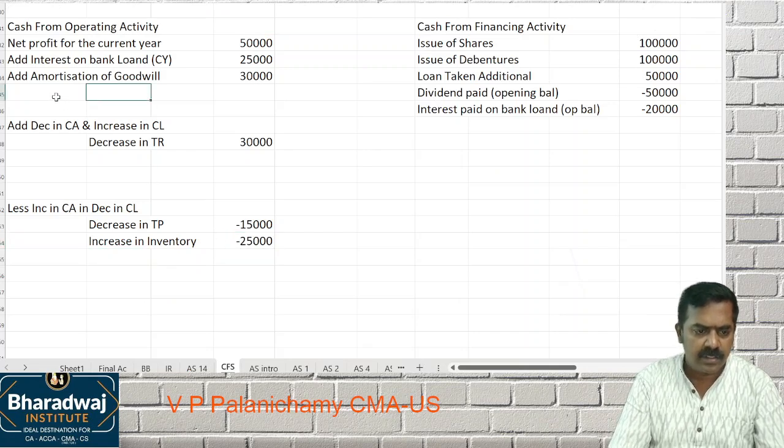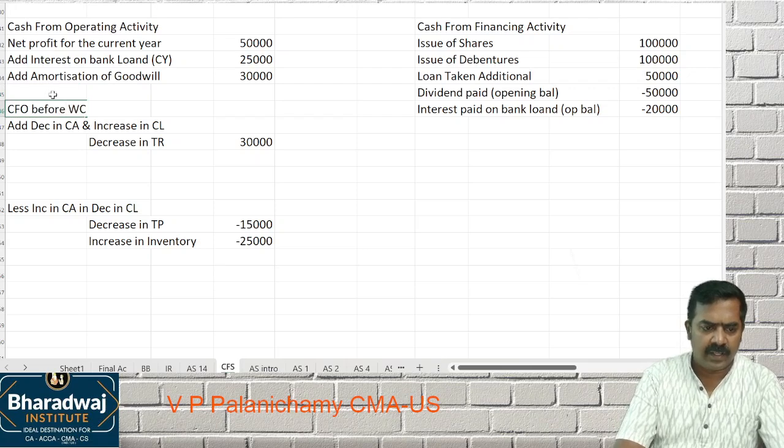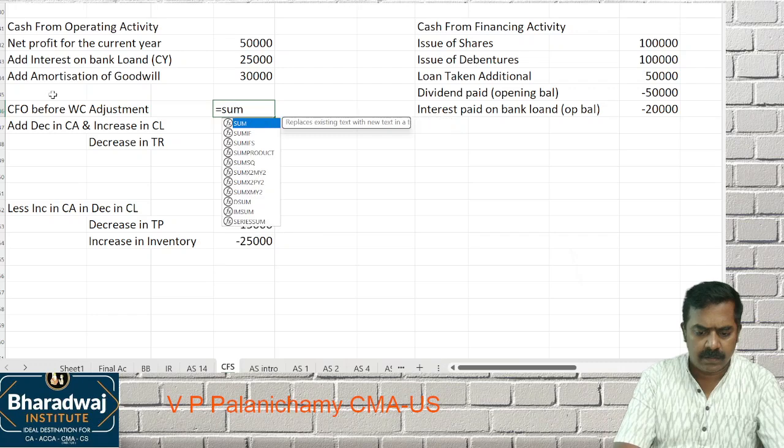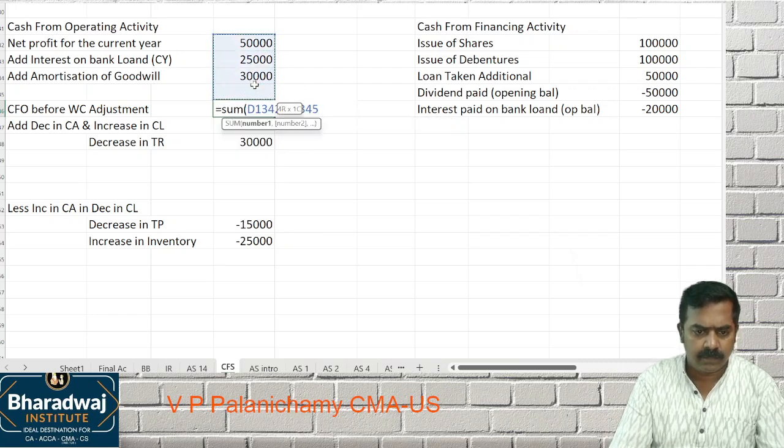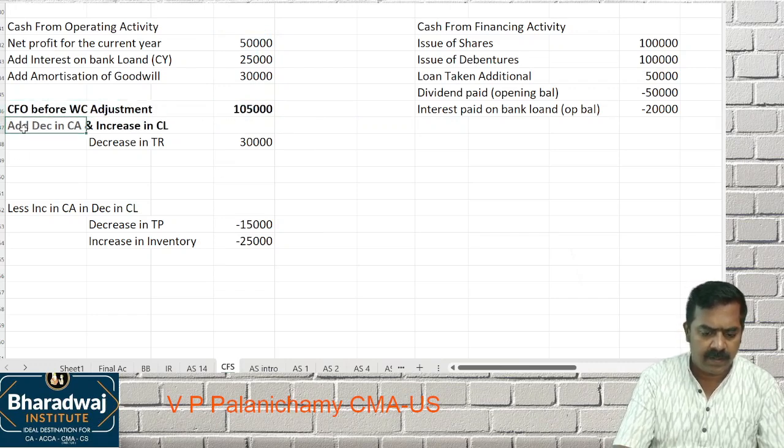So if you adjust this, you will get CFO before working capital adjustment. Take it up.